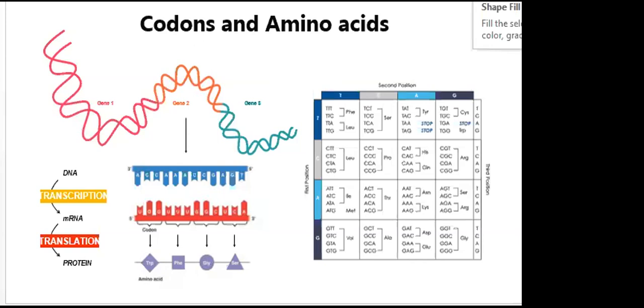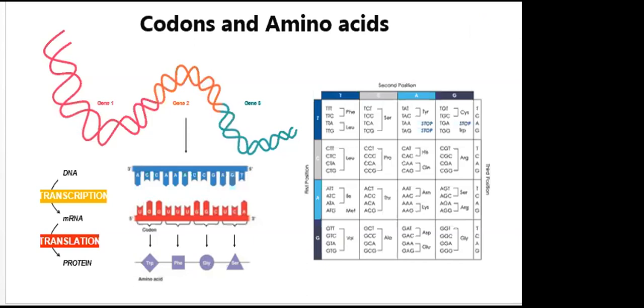This table on the right explains how these sequences are interpreted, how these codons form the amino acids that eventually give us a protein that will be expressed subsequently.